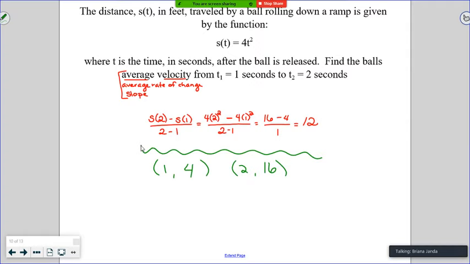Okay, so if you like that better, just write it out as the ordered pairs and do your slope formula. If you are comfortable with this, it just saves you a step of writing out ordered pairs. But you get the same answer. The trick is you have to remember that the numbers they are giving you are your x1 and your x2. To start your ordered pairs, go plug them into your ordered pairs.